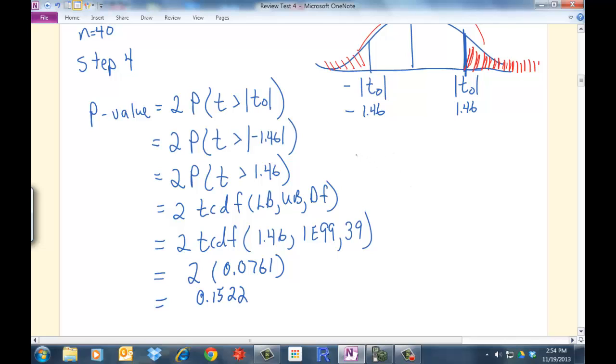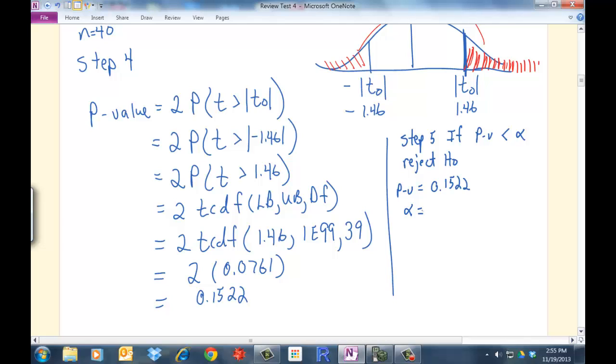So step 5 says if p-value is less than alpha, reject the null. So the p-value is 0.1522 and alpha is 0.05. So if the p-value, this number here, is less than alpha, we reject.